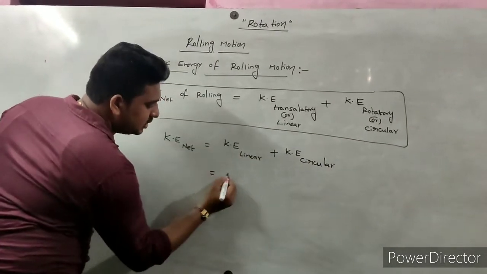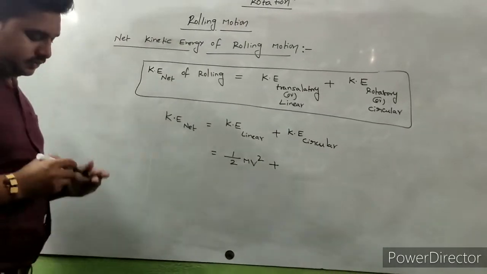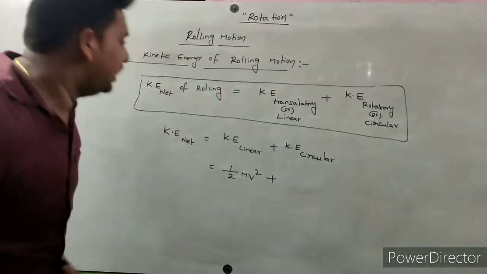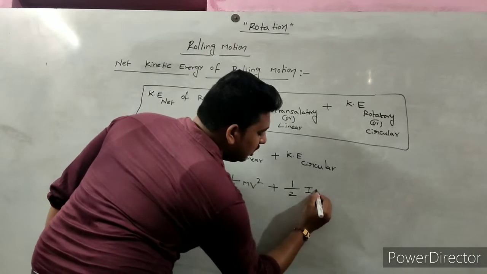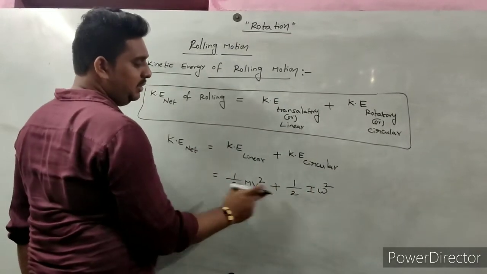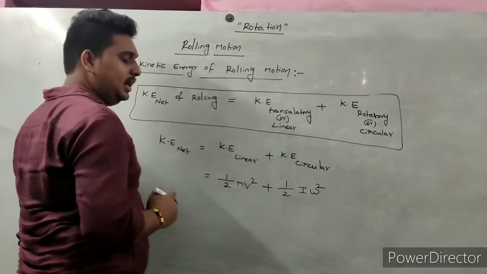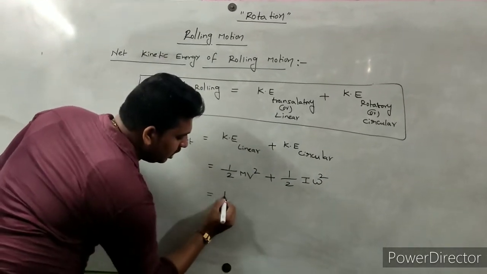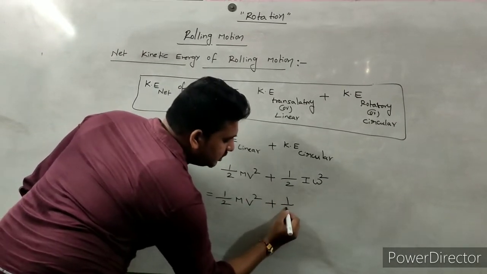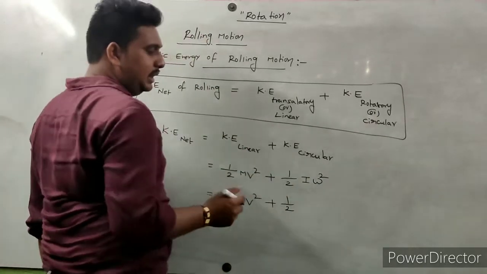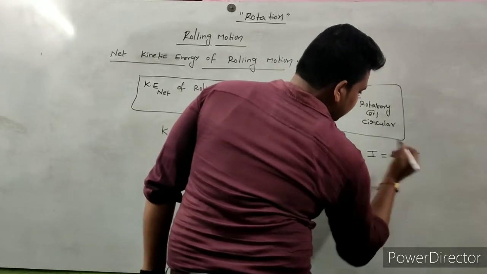Kinetic energy linear is half mv square. Next, kinetic energy circular is half I omega square, because in case of circular path, I replaces m and omega is the velocity. So half mv square plus half I, where I is the moment of inertia, I equals mk square.